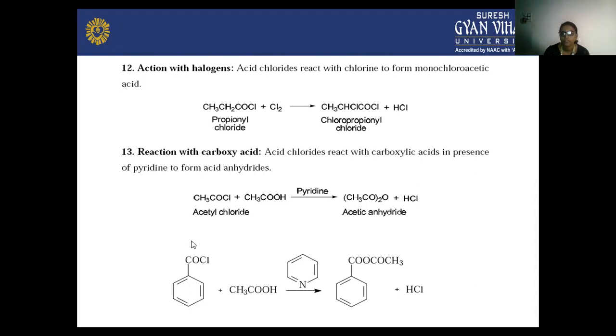In this, the Cl is removed and reacts with H, and there is a formation of HCl. The phenyl CO will react with the CH3COO, so here you can see OCOCH3 is attached.